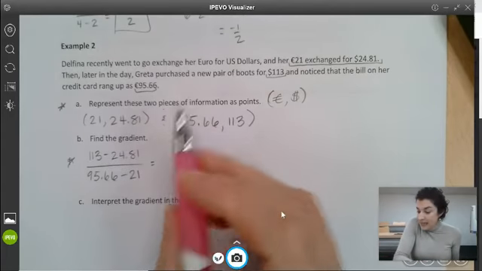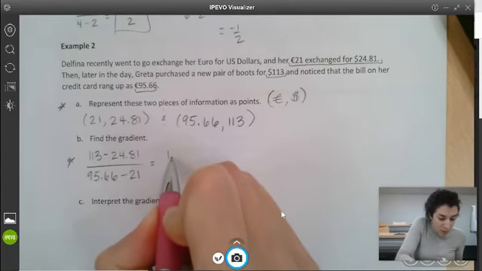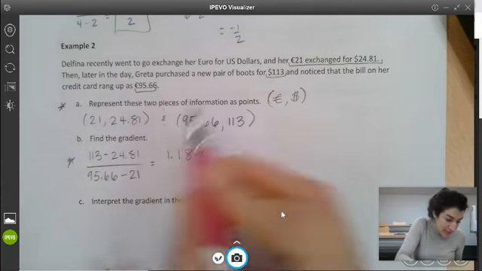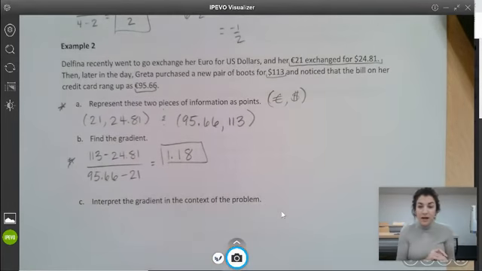We end up getting 1.18 as our gradient. And that's what the slope is.